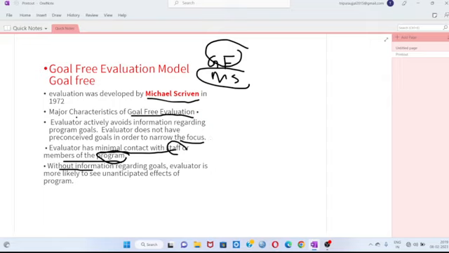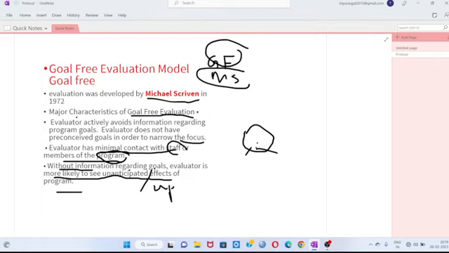So without information regarding the goal, the evaluator is more likely to see the unanticipated effects of the program. Unanticipated means unpredicted effects. Suppose there is a program going on. The program starts. Now, in evaluating this program they don't have any goal.